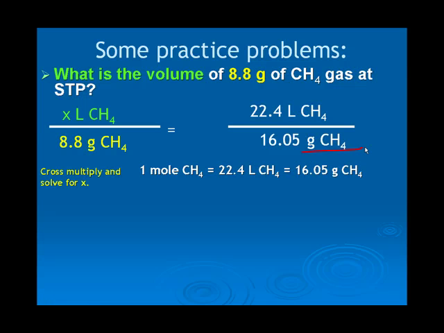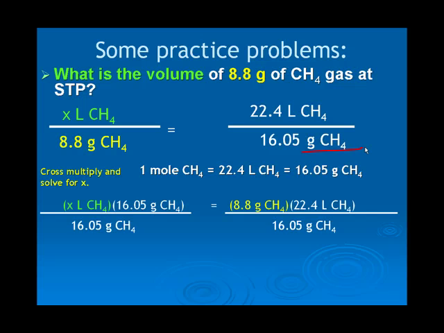So 22.4 liters, 16.05 grams for the methane. Cross multiply, solve for X. Get X by itself. Grams cancels. 8.8 times 22.4 divided by 16.05.